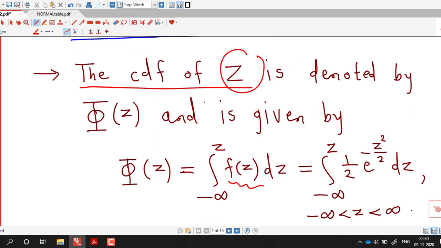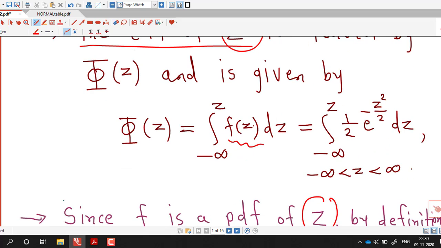Also we have discussed the cumulative distribution function of Z is denoted by phi of z and is given by phi of z is nothing but probability that capital Z is less than or equal to z, which is equal to the integral of the PDF f of z from minus infinity to z, and f of z for a standard normal random variable is given by 1/sqrt(2 pi) e to the power minus z square by 2 dz.